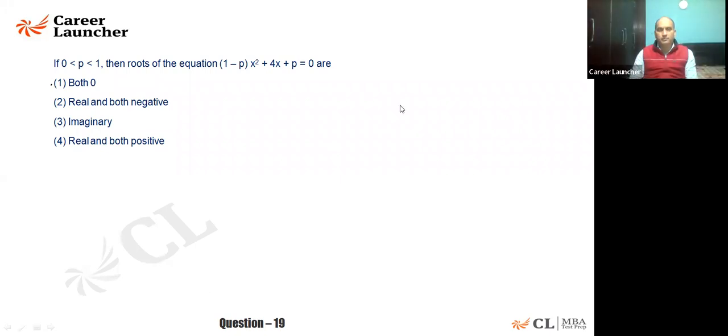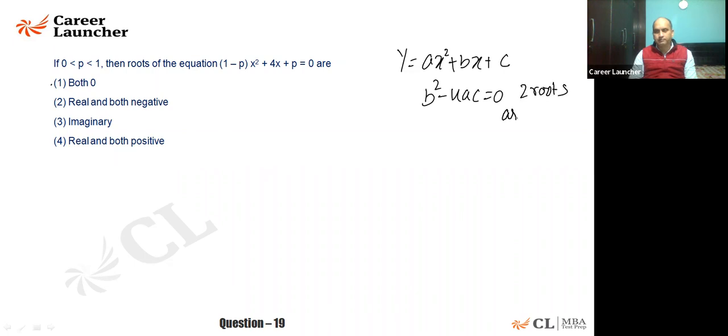Just giving you a hint. If y is equal to ax square plus bx plus c is the equation, we know whenever b square minus 4ac is equal to 0, I'll say two roots are real and equal.